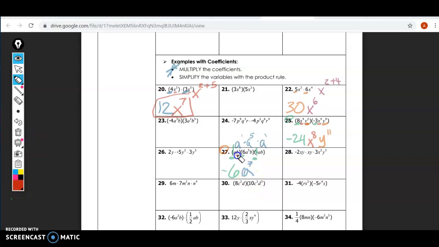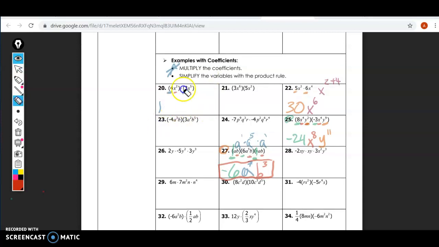Here we have a b to the 1st power, another b to the 1st power, and another b to the 1st power. Adding those together makes b to the 3rd power. And that is your final answer here. Box it up. Try to keep your variables in alphabetical order. It just looks a little nicer and simpler.